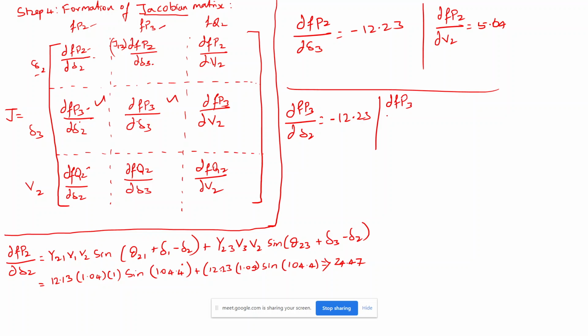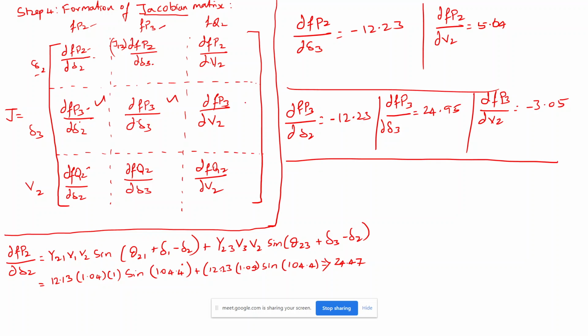Then with respect to δ3, ∂δ3, the value is equal to 24.95. Okay, and then ∂fp3/∂v2 is equal to minus 3.05. So we got all these 6 values.